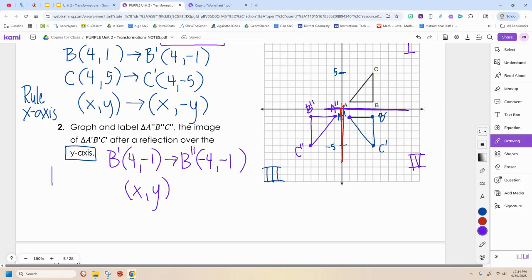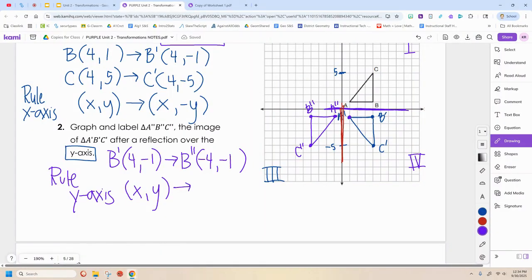Okay, so this is going to be the rule for the y-axis, which is different than the rule for the x-axis. And I don't ask you to memorize these. I ask you to look to see, are your things following a pattern, right? Every point should follow the same pattern. But let's see what happens.